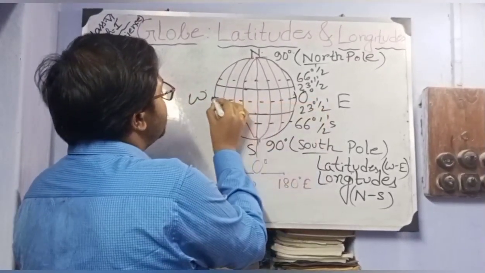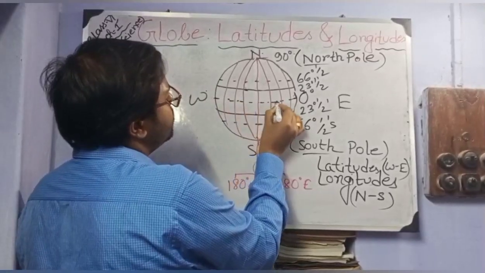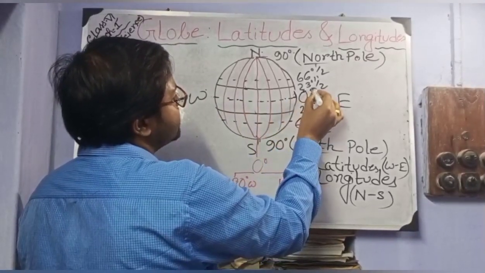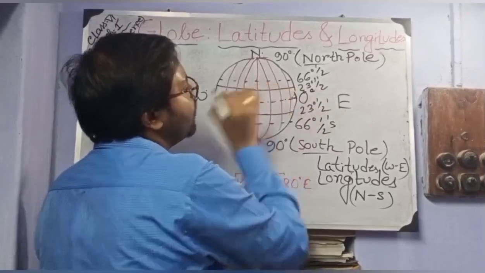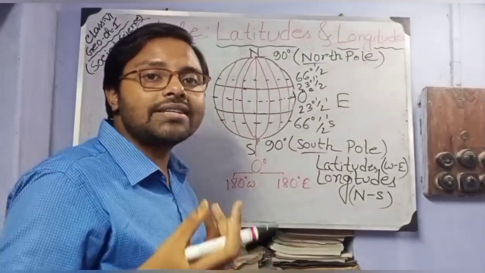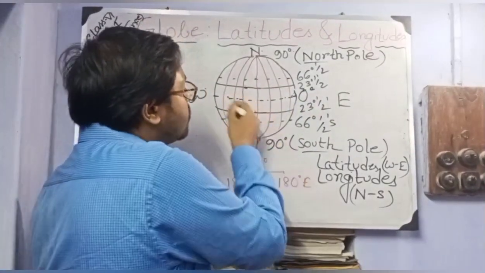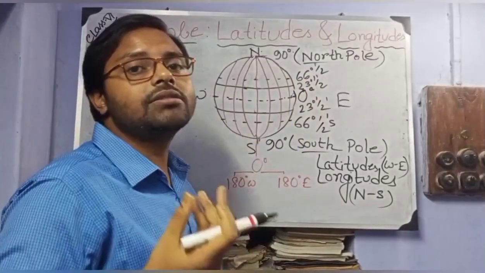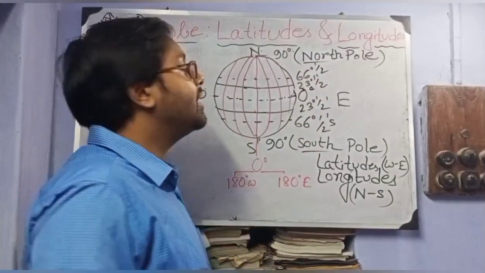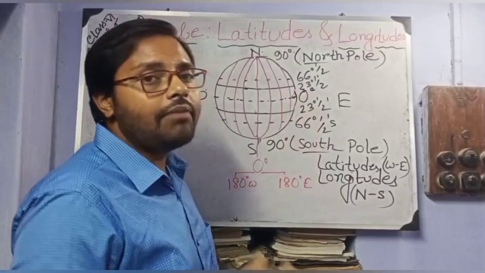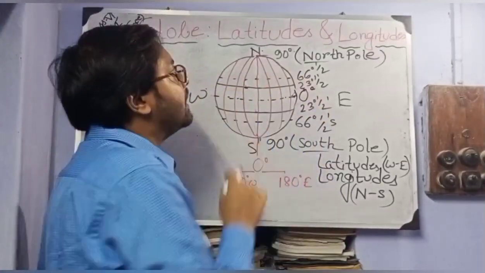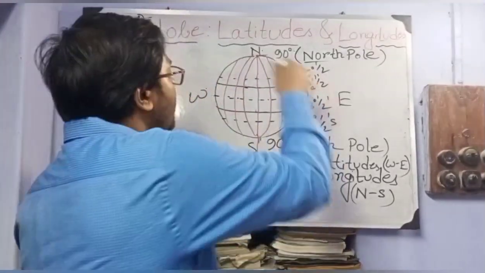These dotted line latitudes, see carefully, that is 0 degree, which is the equator, the longest latitude, also known as the whole circle, an imaginary circle. It is called so because it is surrounding the earth wholly.